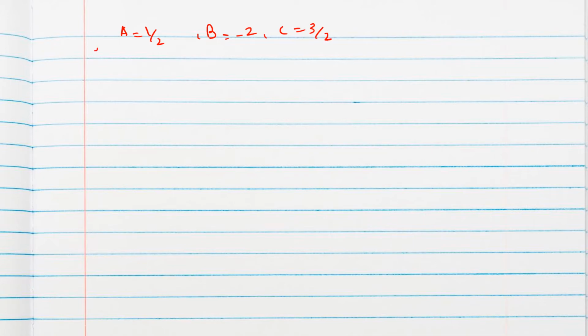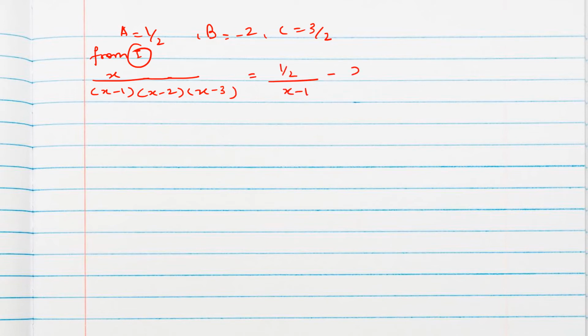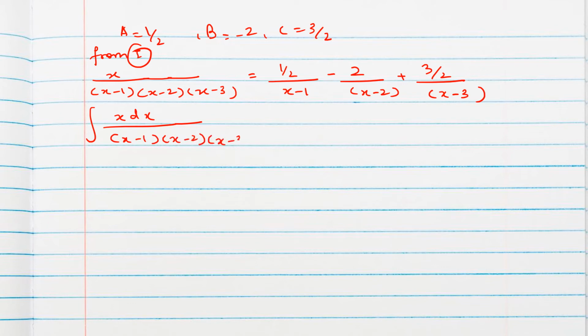So a is half, b is minus 2, c is 3 by 2. So from equation 1 we can write x by (x minus 1)(x minus 2)(x minus 3) equals half divided by the first bracket, minus 2 by the second bracket, and 3 by 2 by the third bracket. Apply integral both sides. So integral of x dx divided by (x minus 1)(x minus 2)(x minus 3). Here we can take the coefficients out and write separate integrals.